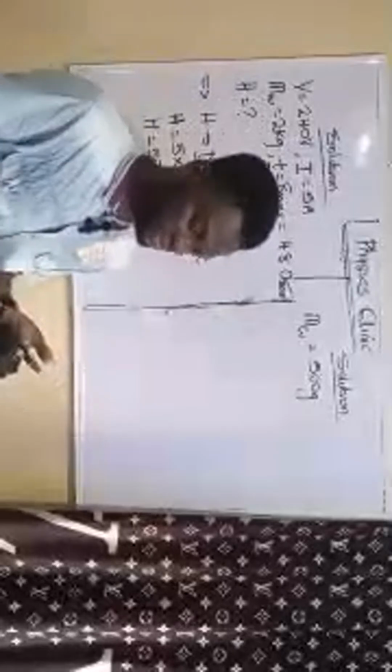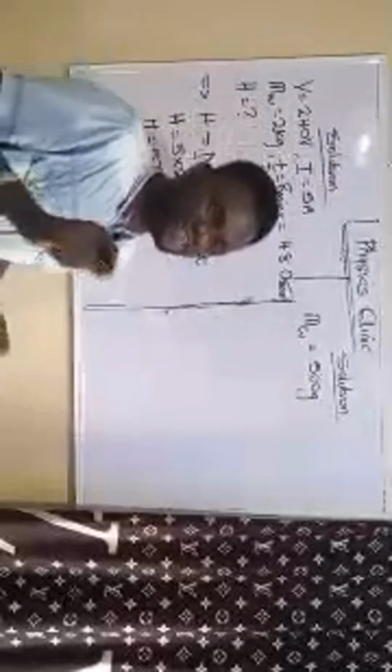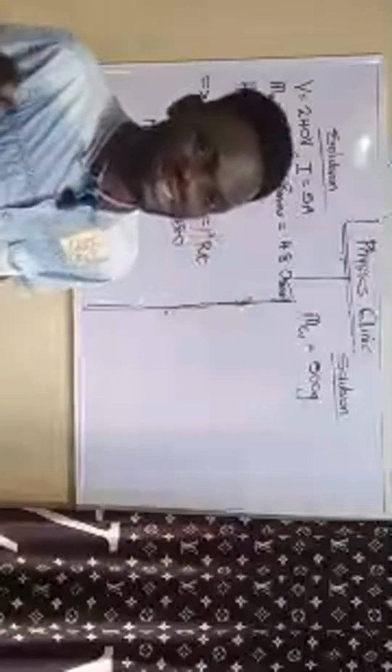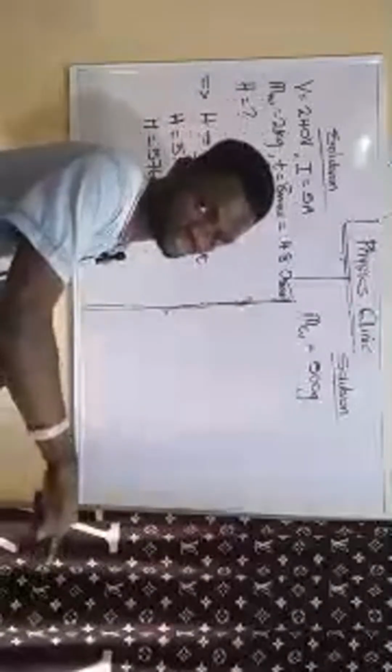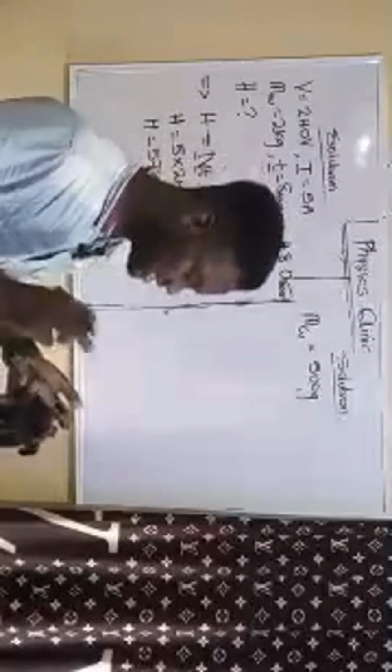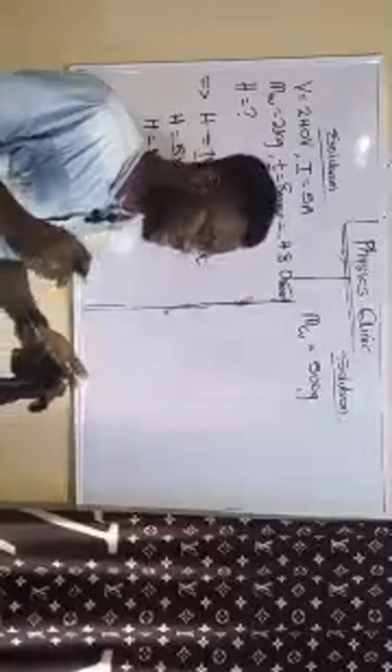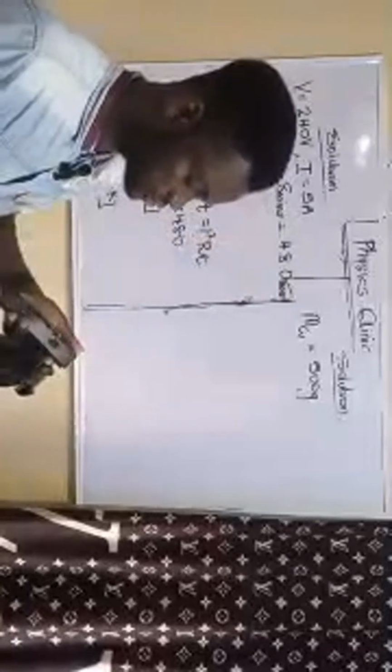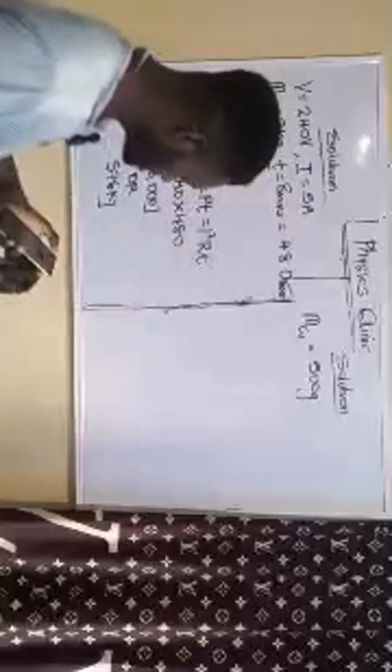Before you start to even convert, always check if there is a constant in that particular question. If your constant is in the unit of a particular quantity mentioned, you leave it like that. As you can see here, the specific heat capacity of copper is given as joules per gram, and the mass is given in terms of grams also. So we'll just proceed like that.